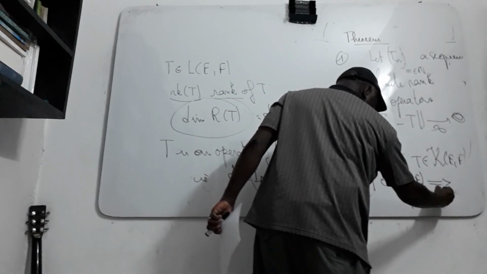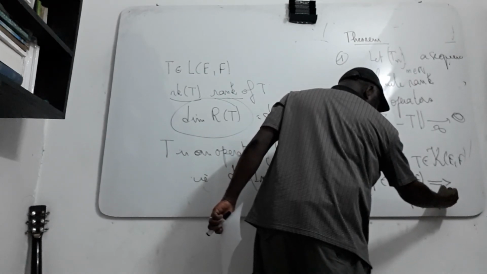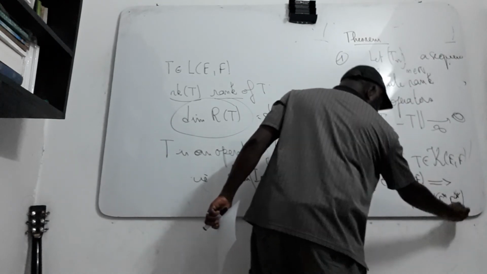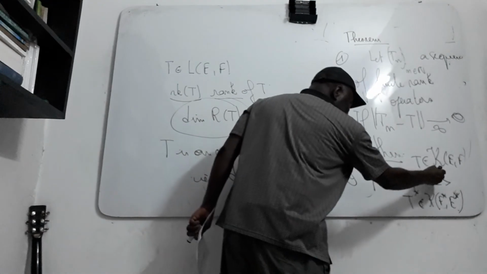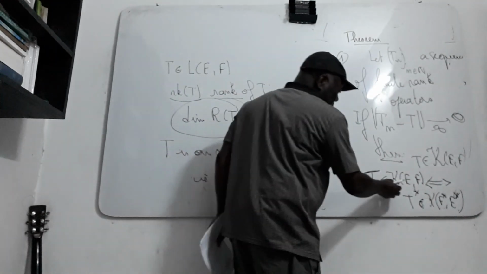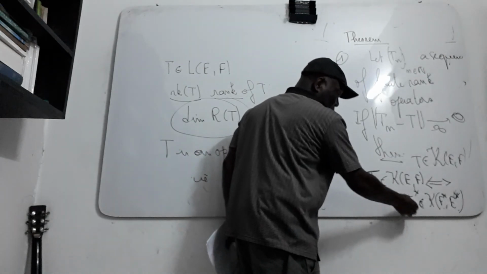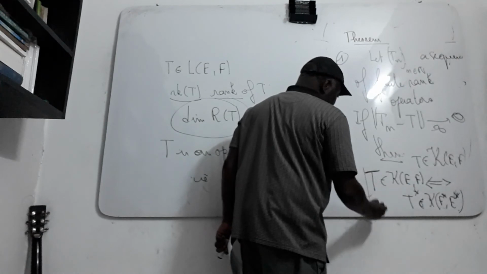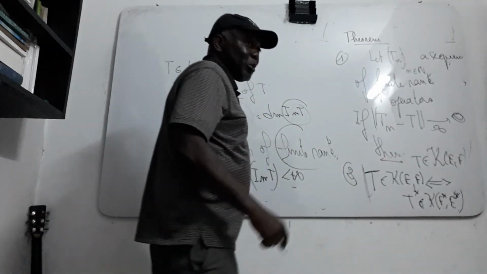And the converse is also true. Then you have T, a compact operator, the adjoint is also compact. If the adjoint is compact, your T is compact. It's very good to try to prove it. It's very simple to prove.